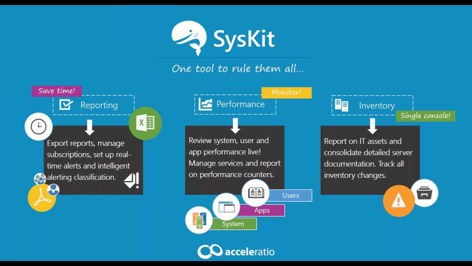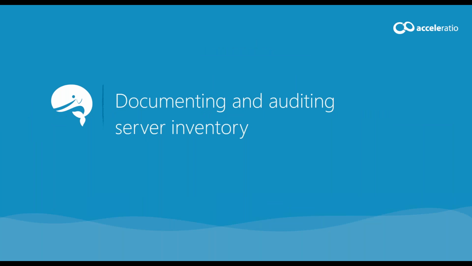Just to mention the performance monitoring feature, which is a big feature, and it enables you to track all performance counters you can imagine, in real time and historically. We also have the server inventory feature, which is today's topic, and it will enable you to generate server documentation and track all system inventory changes.